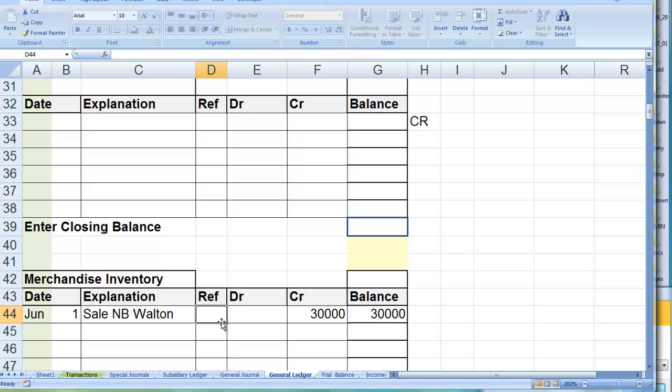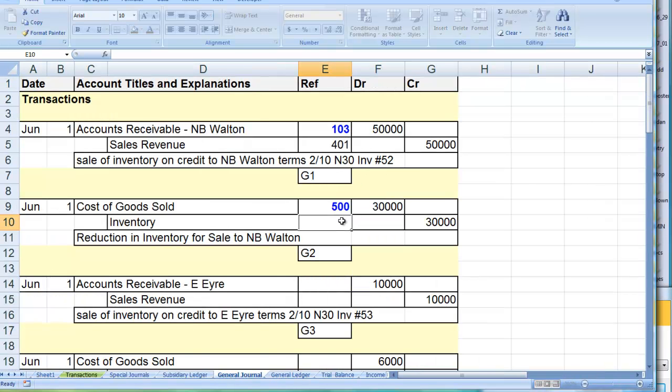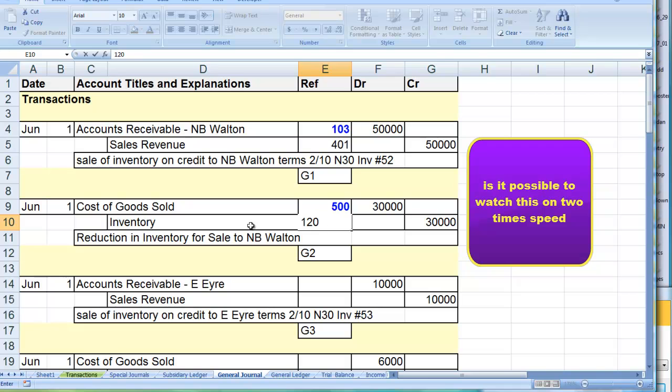The reference is G2. Now the account number we've been using for merchandise inventory is 120, but this will not be the same in all systems. So now we need to go back to the general journal and put in here 120 to indicate that it's been posted to the general ledger.